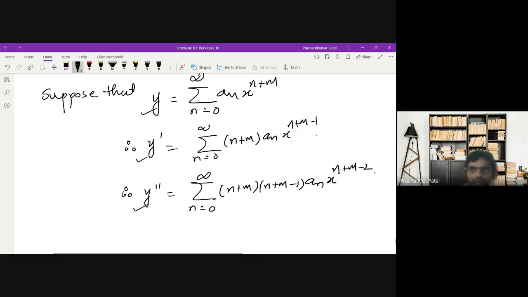We can write down here again. So we note that, or we know this, given that 2x square y double dash plus xy dash minus xy minus y equal to 0. You can just observe what is your equation 1.